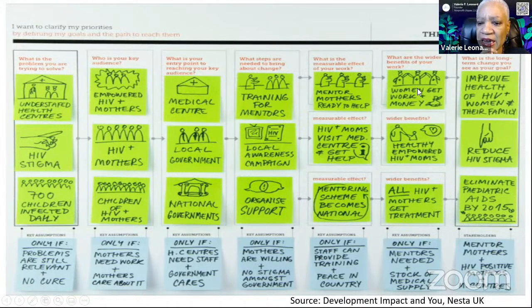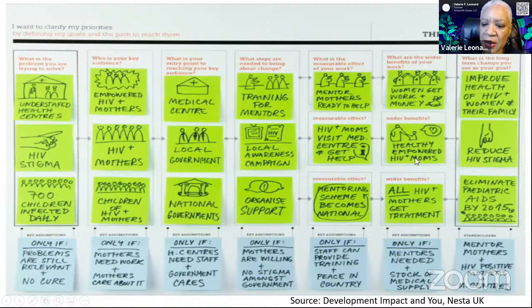And then here is, what are the wider benefits of your work? If this program is working, then women who are HIV positive, they have the confidence to go out and get work and earn money to support their families.